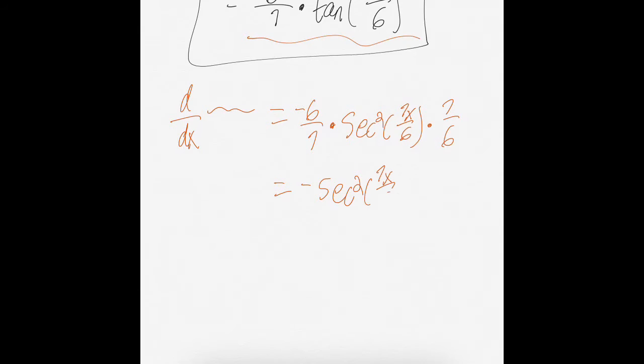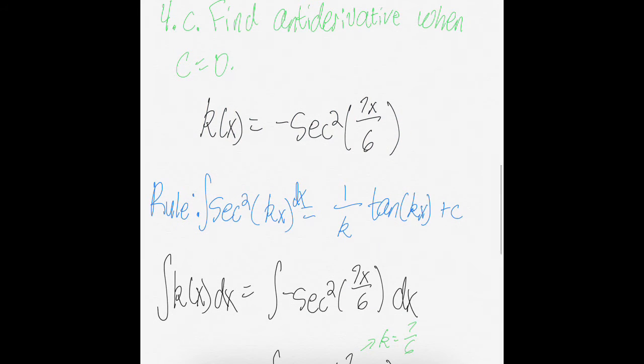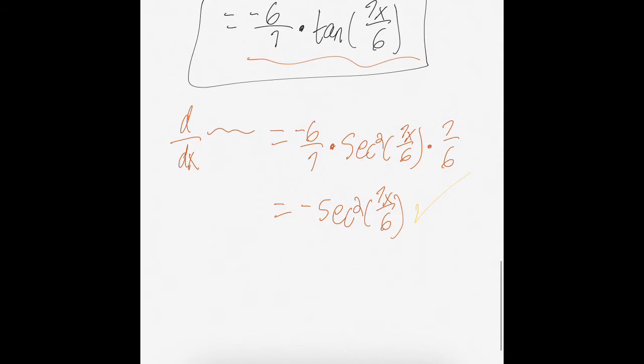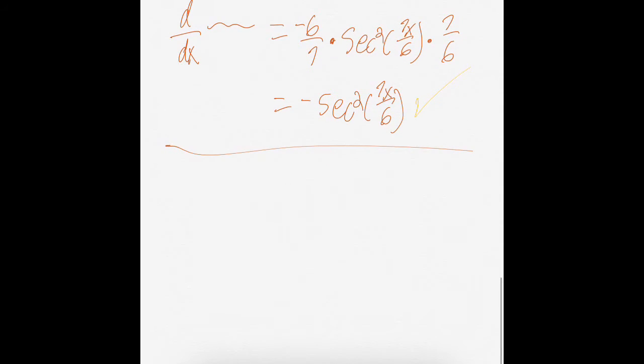And I need to multiply by 7 over 6 by the chain rule, since that's the derivative of 7x over 6. Well, 6 over 7 times 7 over 6, those two are reciprocals of each other. So this just becomes negative secant squared 7x over 6. And indeed, that is what we started with. So we get to check this one off.